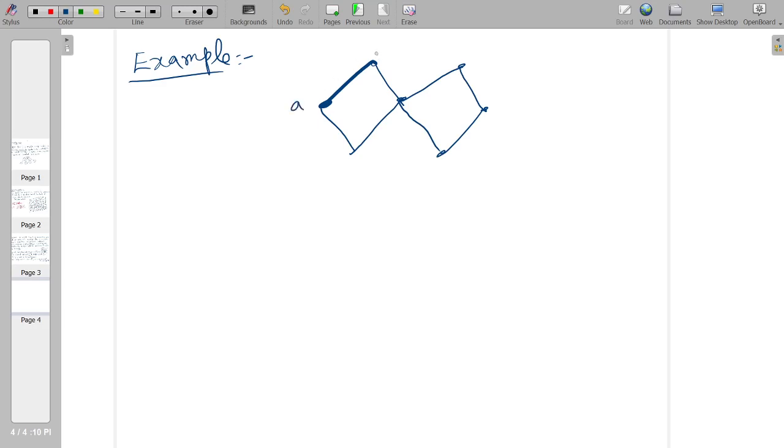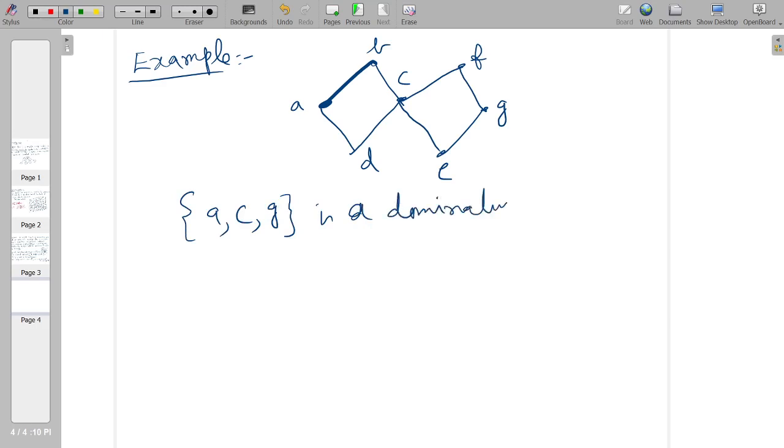I name the vertices like this: A, B, C, D, E, F and G. Now you can see that A, C, G is a dominating set.